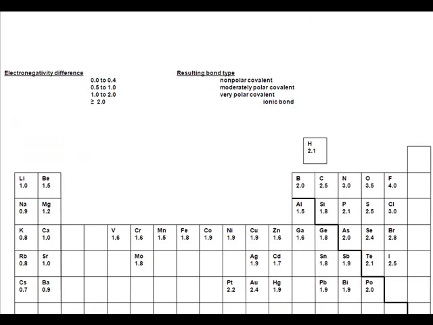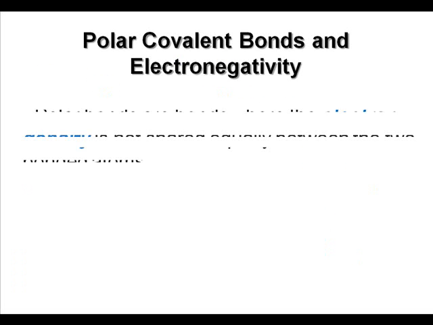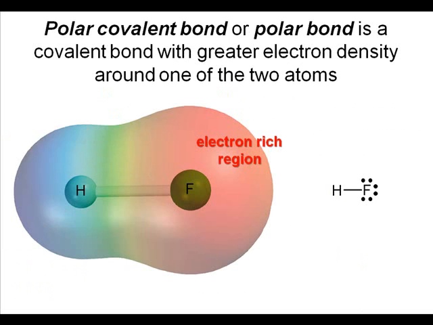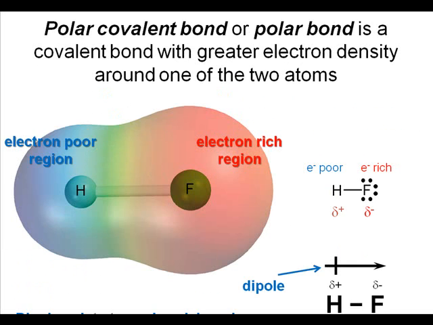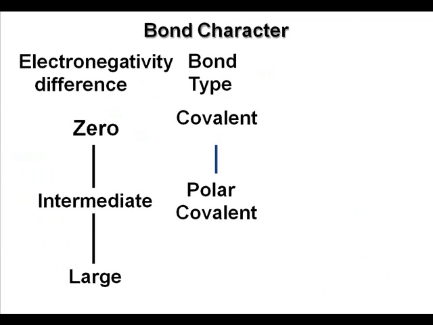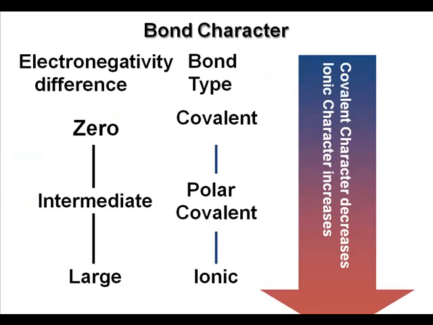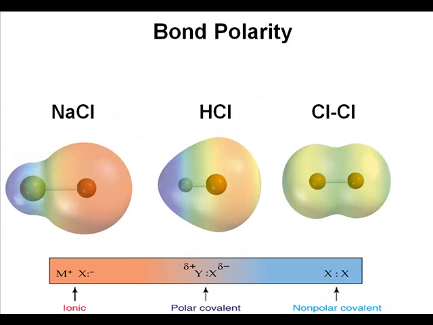Chlorine has an electronegativity of 3. So there is a difference in electronegativity strength of 0.9. So clearly, at a difference of 0.9, you are not going to have a true covalent bond, because there is a difference between the two. And so we would call HCl polar covalent because there's a difference of 0.9.